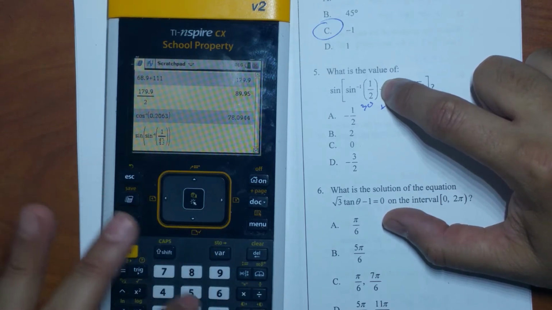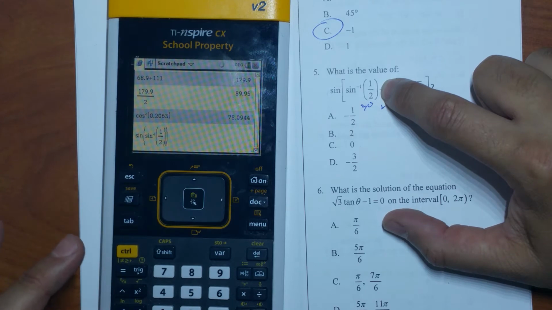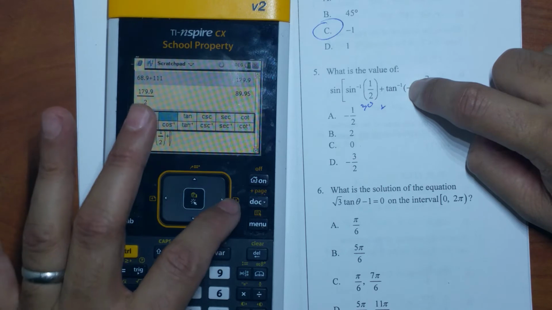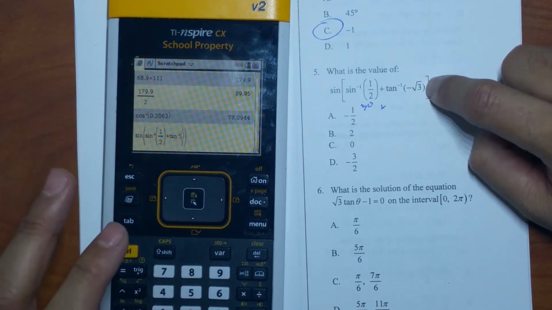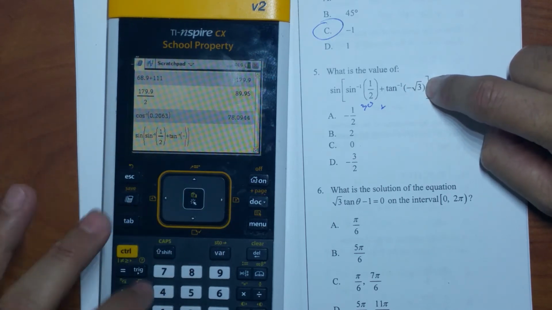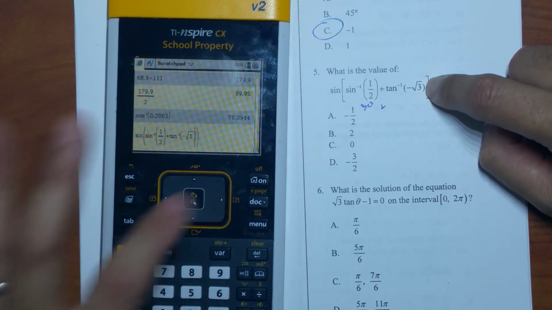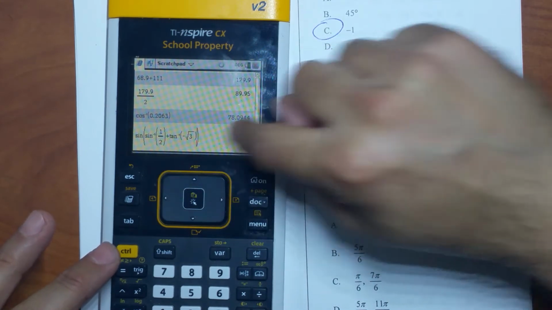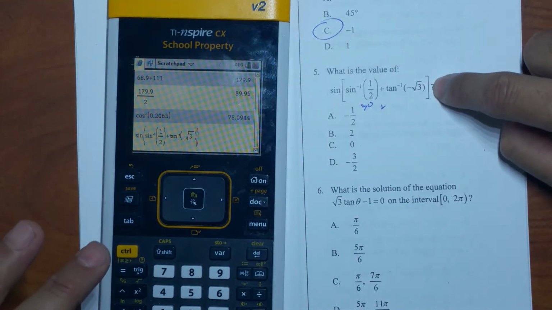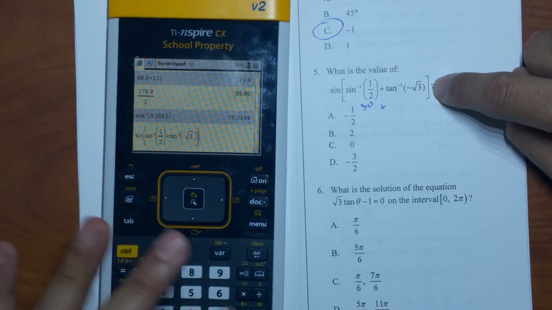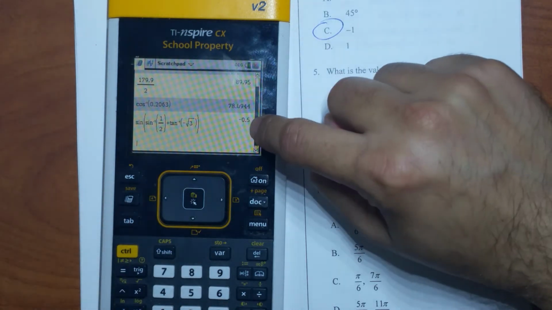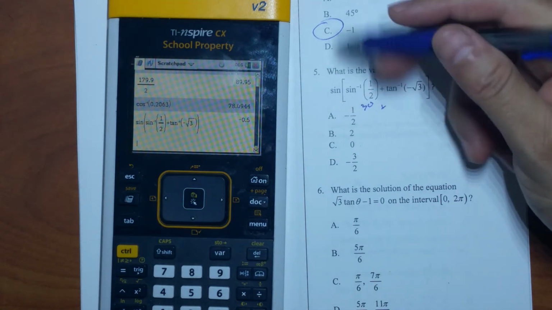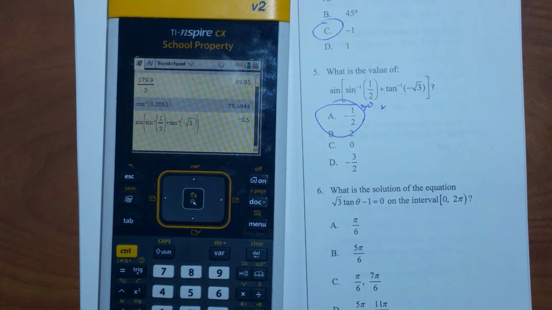So 1 over 2, close that parentheses, plus sine, and it's going to be inverse tan of negative rad 3, close. So I close that one right there for my tangent. I close the second one for my sine that I opened up over there. Hit enter, and I get -0.5. So that as a decimal is my negative, or as a fraction is my -1/2.